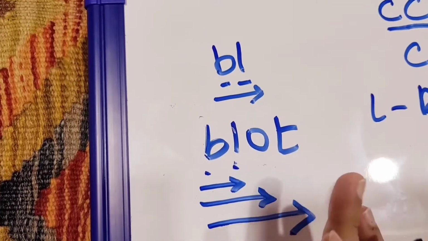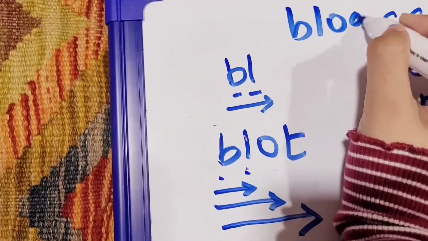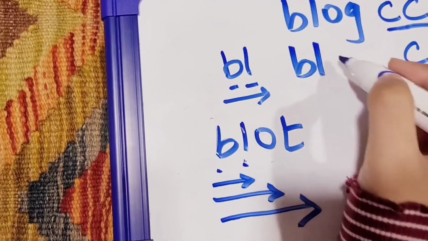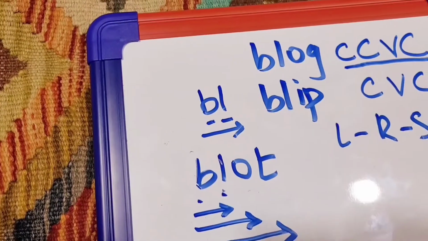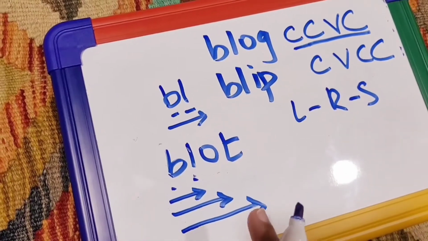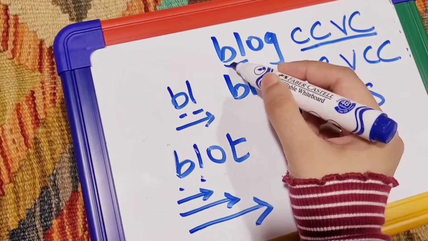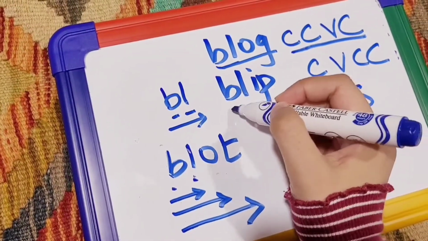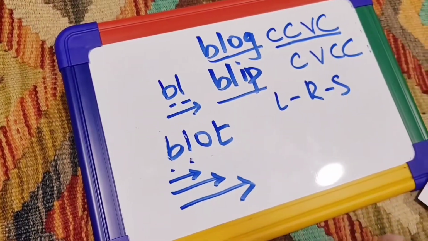So you will show them a few examples: blot, blog, and blip, words like that, small words which look very similar to the CVC words. You will just read these words in front of them: blog, blip. So you will read a few words in front of them.